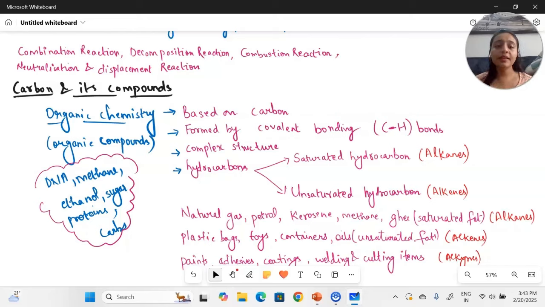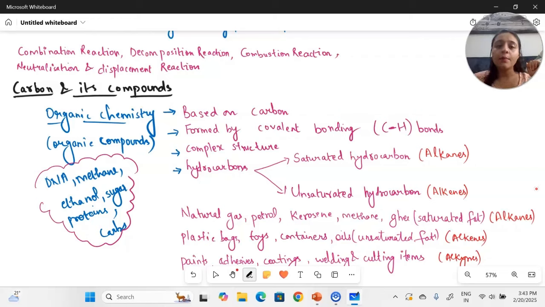We already know that these organic compounds have certain complex structures because they are combined with certain coordinate covalent bonding, etc. So these organic carbon compounds are also known as hydrocarbons because they have a bond between carbon and hydrogen.